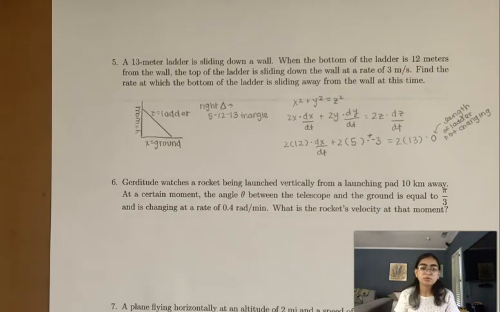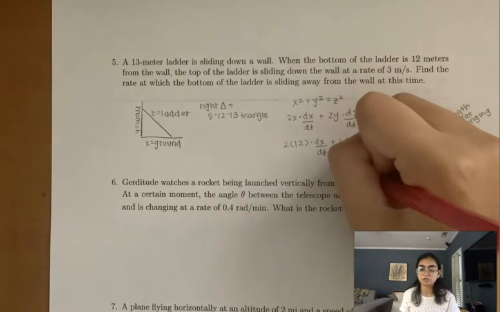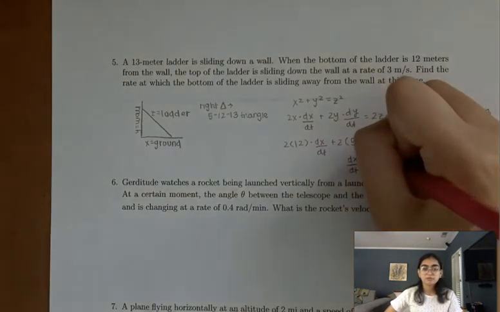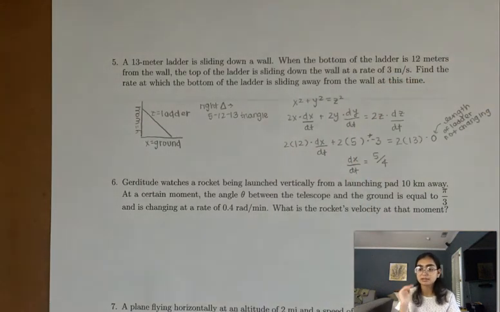Here x is equal to 12 and z is equal to 13, so y has to be equal to 5. If you don't want to memorize these typical side lengths, you can always just use the Pythagorean theorem.